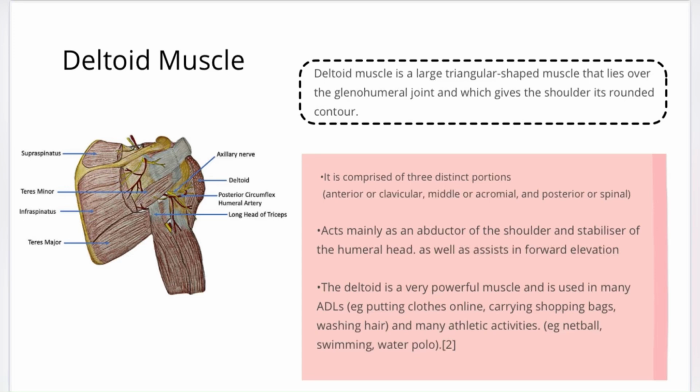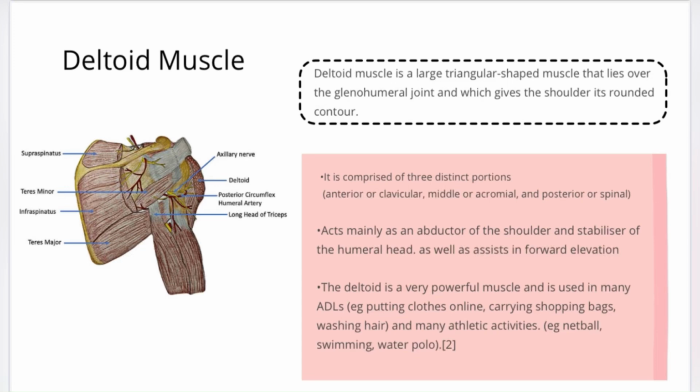The deltoid muscle is a large triangular-shaped muscle that lies over the glenohumeral joint and gives the shoulder its rounded contour. It is comprised of three distinct portions: anterior or clavicular, medial or acromial, and posterior or spinal. It acts mainly as an abductor of the shoulder and stabilizer of the humeral head, as well as assisting forward elevation.